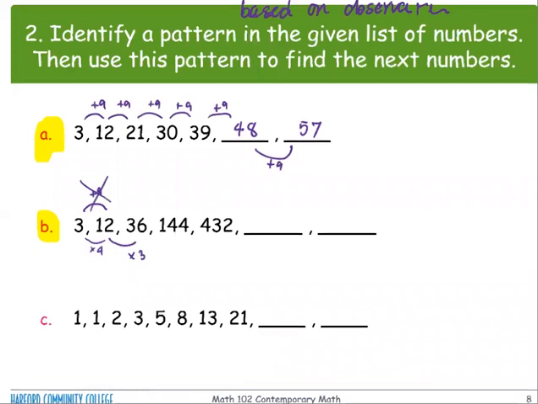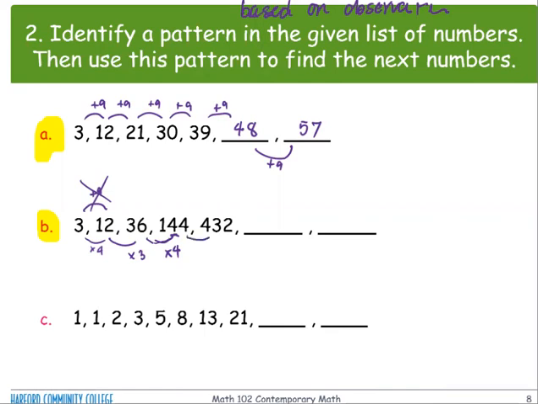Think about what would be the possibility to go from 36 to 144. Multiply by 4. Okay, we can make a guess here. I mean, we can make an observation. All right, thank you, Paul. So multiply by 4.